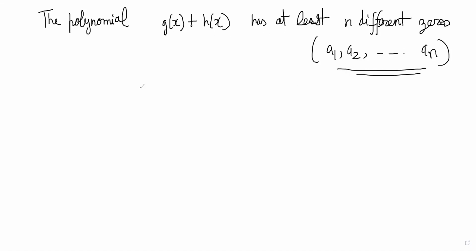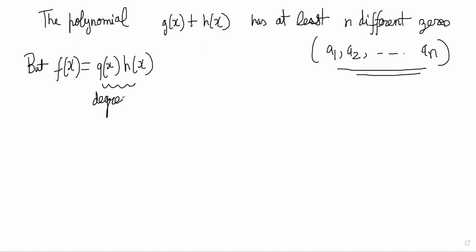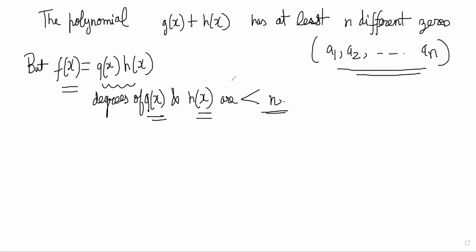It has n different zeros, but we know f(x) was equal to the product of g(x) and h(x), and that implies that the degrees of g(x) and h(x) are less than n, because f(x) has degree n. So how can it have n different roots?